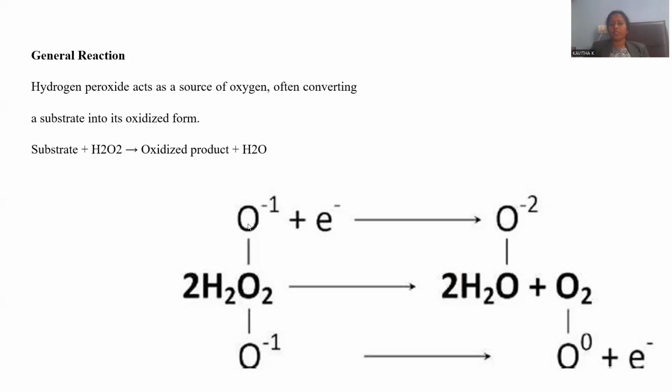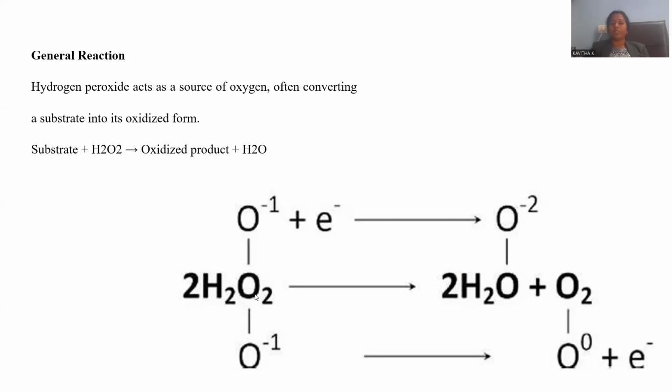During this process, wherever oxygen is there, that oxygen will be -2 in general. But whenever oxygen is in the peroxy bond, which stands for two oxygens directly bonded, at that instance, the two oxygens are accompanied by -1 charge only.